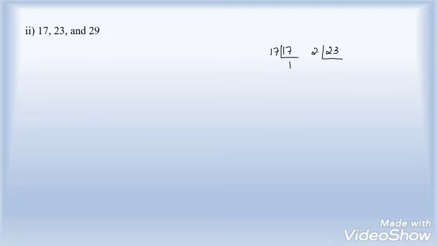So again it is divisible by itself. Again if you come to 29, again it is a prime number. You can check, it is not divisible by any number like 2, 3, 5 or 7 or any other number. So again it is divisible by itself or 1.